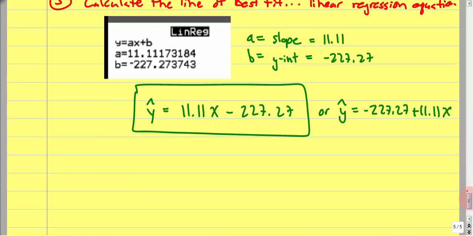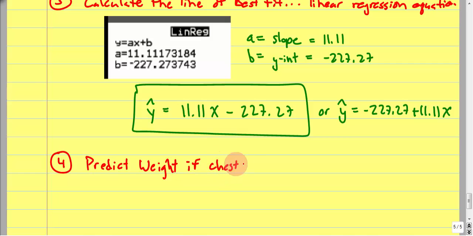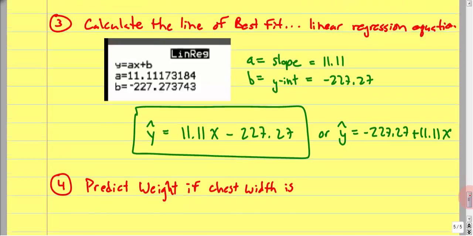Now, a long time ago in this question, they asked us to predict weight, if appropriate. We already decided it was appropriate. So predict weight if chest width is, let's go ahead and scroll up and look.